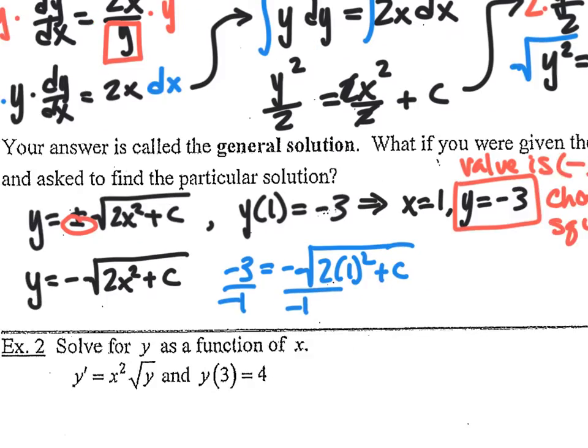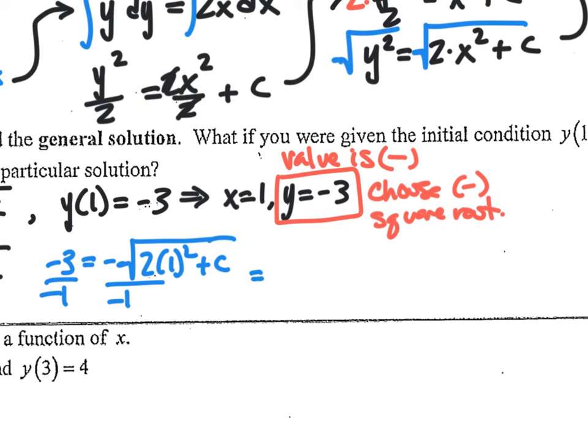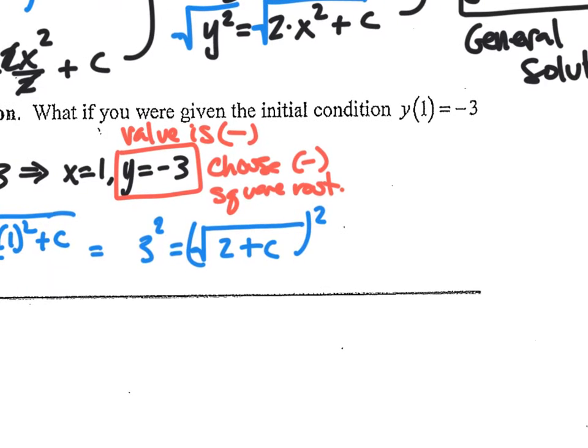And so we end up getting this statement that says 3 is equal to the square root of, and then 2 times 1 squared is just going to give me 2 plus c. All right, we have this equation here that we can solve, and we can square both sides. And we end up getting that 9 is equal to 2 plus c. And so if I subtract 2 from both sides, then we get that c is equal to 7.